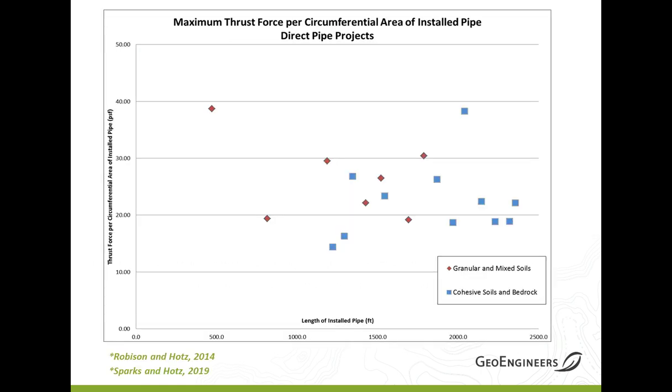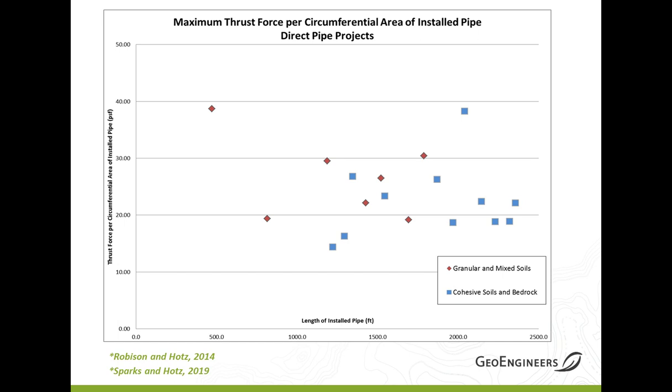Back in 2014, we looked at most of the direct pipes that had been installed, and we came up with this graph relating the thrust force per circumferential area of installed pipe. That's all the steel touching the ground in the hole. Then we related it to both the soil types and the length of the installed pipe.